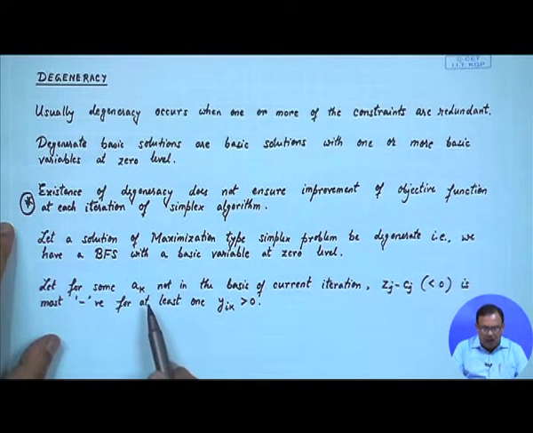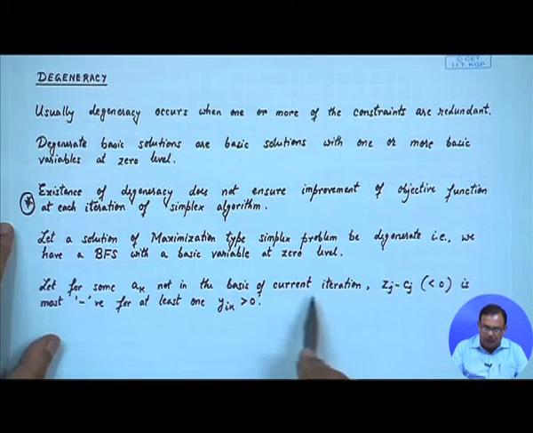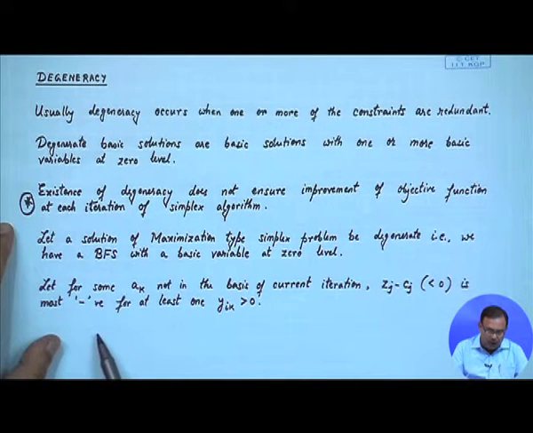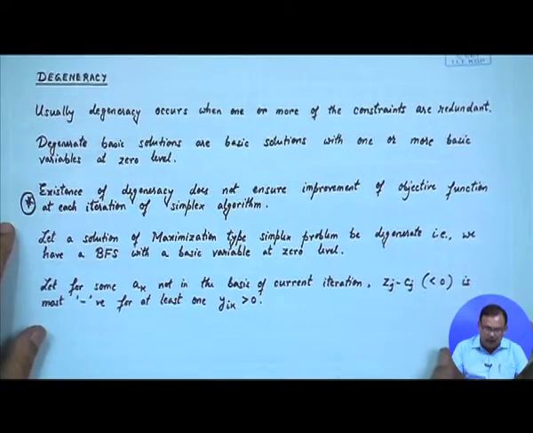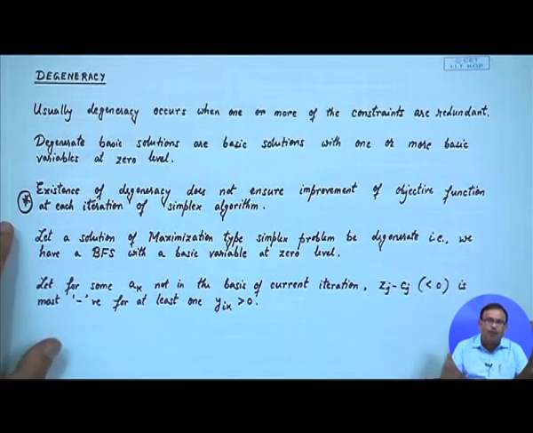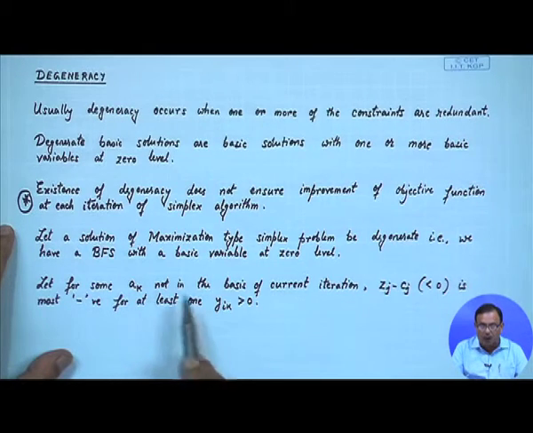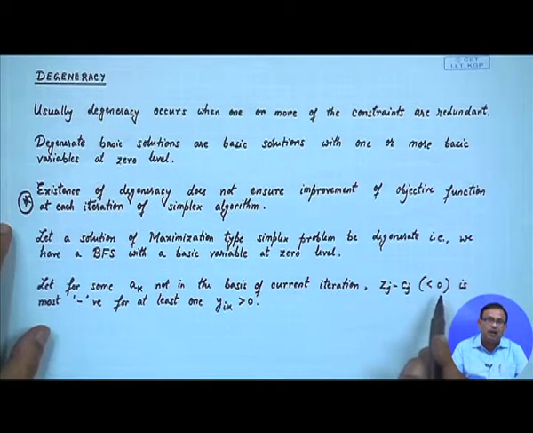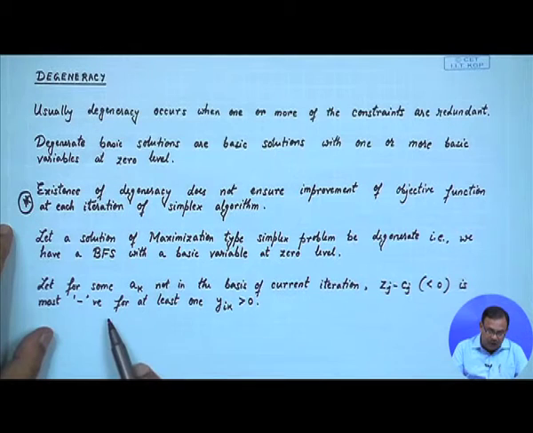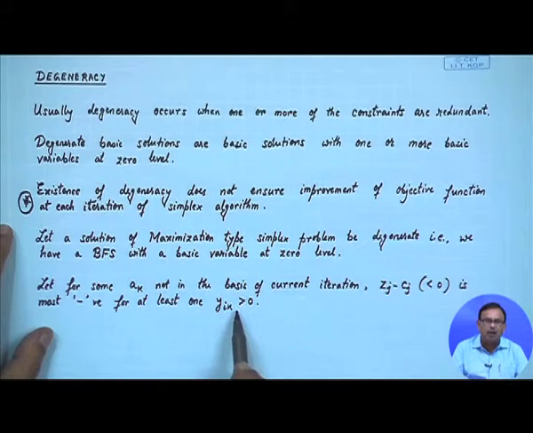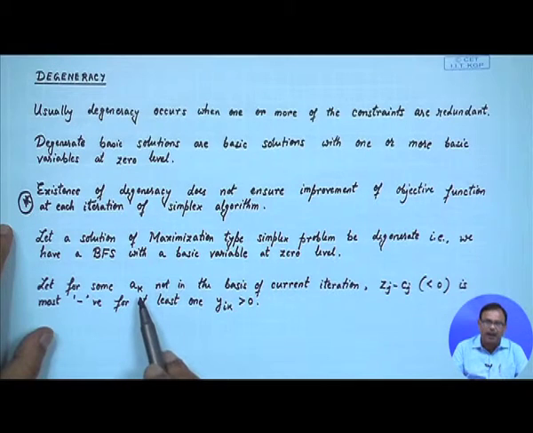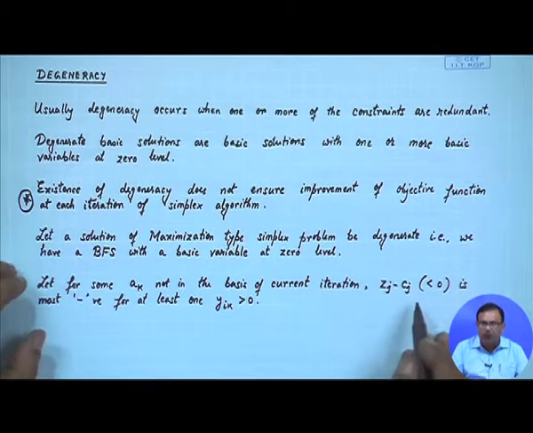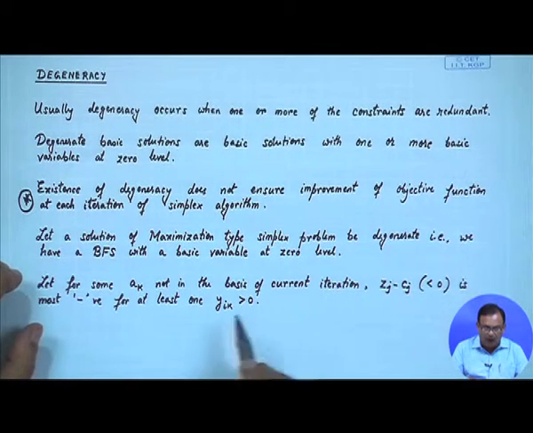We assume that for some a_k not in the basis in this iteration, Zj minus Cj is less than 0 and most negative, for at least one y_ik greater than 0. In other words, the vector a_k will enter the basis, since Zj minus Cj is most negative for that value.